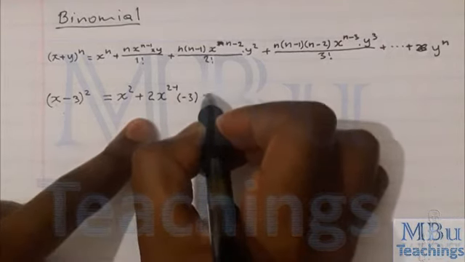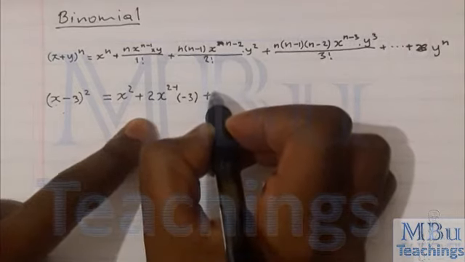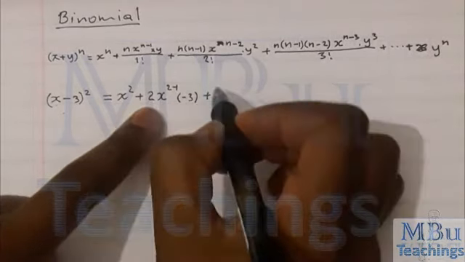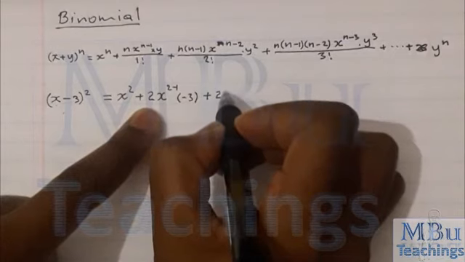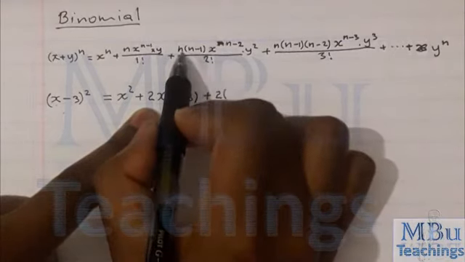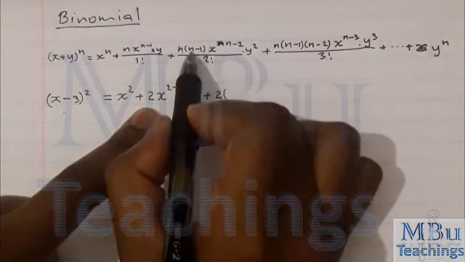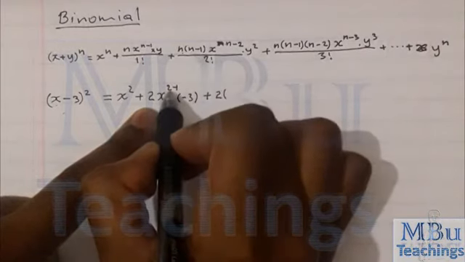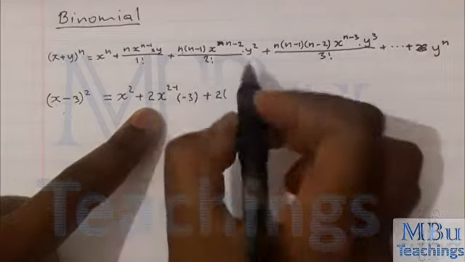Then you say plus. You'll have 2 into n, which is 2. N minus 1 is 2 minus 1, so 2 minus 1 is 1.